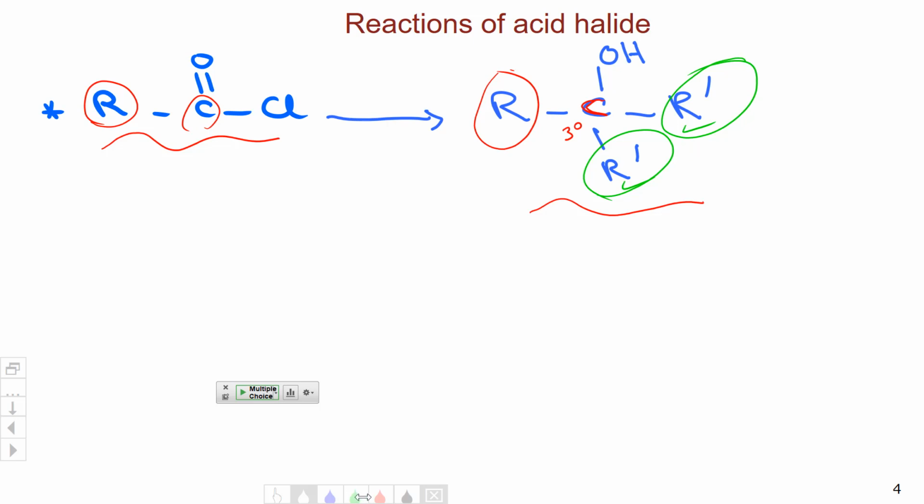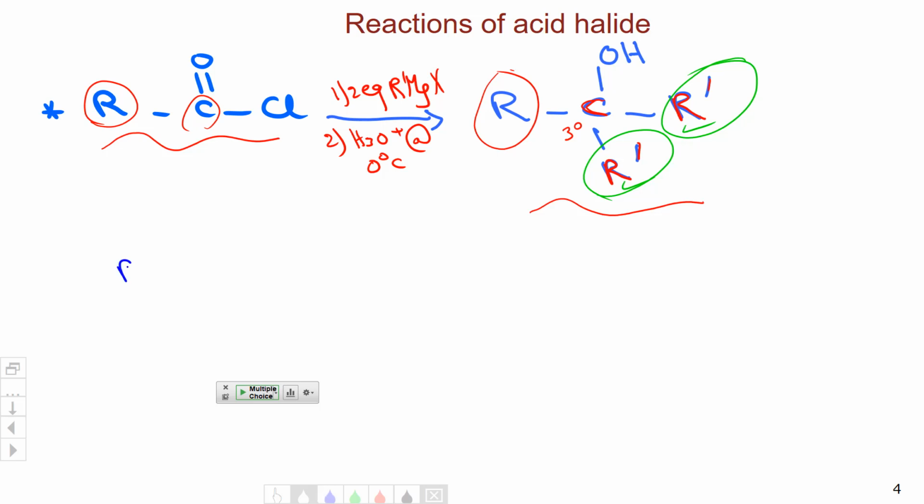So in here, if we add 2 equivalents of RMgX followed by H3O plus at 0 Celsius, what we're gonna end up with is the 2 R prime groups attacking the carbon of the carbonyl, changing it to that tertiary alcohol.